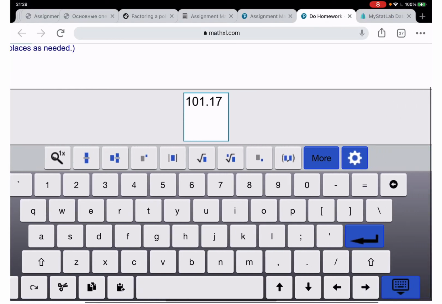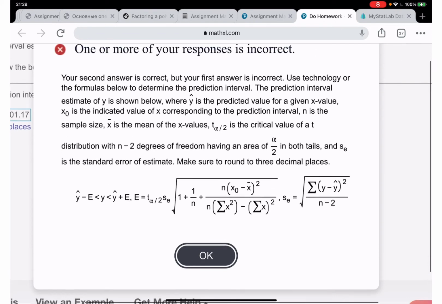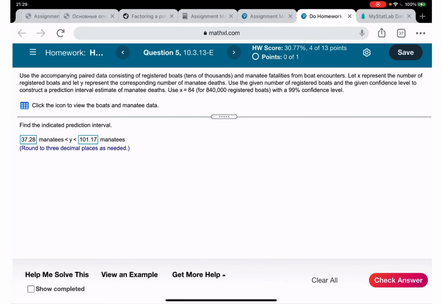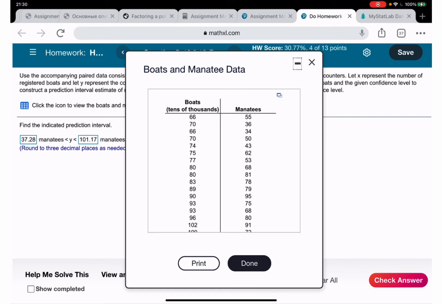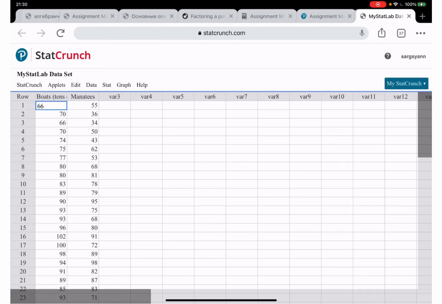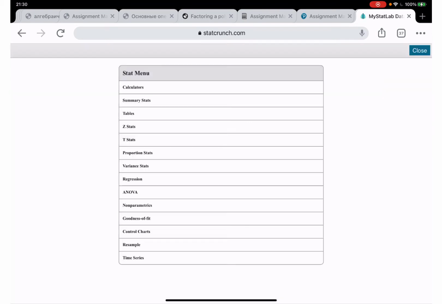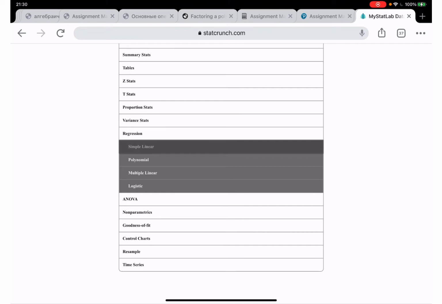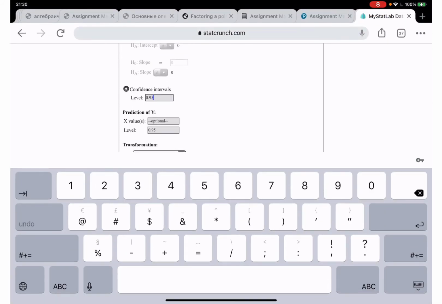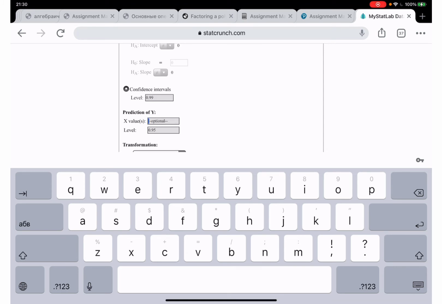Okay. What is wrong? Let's double check again. It needs 3 decimals. Gee, I have to go through everything again. So it's Stat, Regression, Simple Linear, confidence 99, and 84 as the value of x.